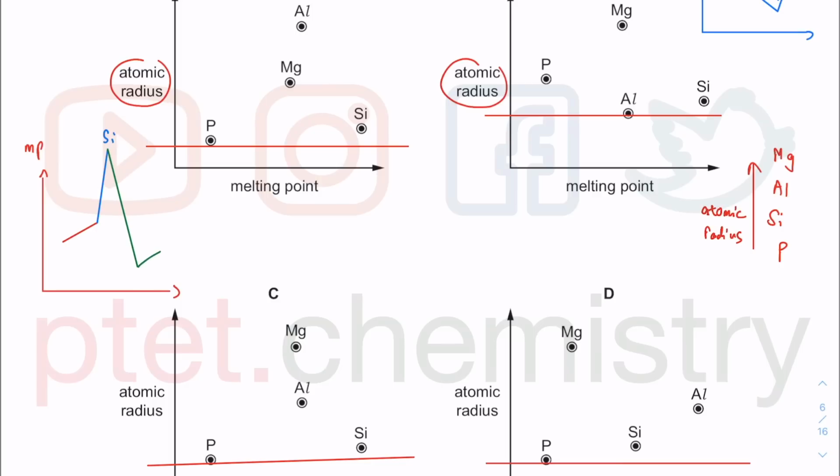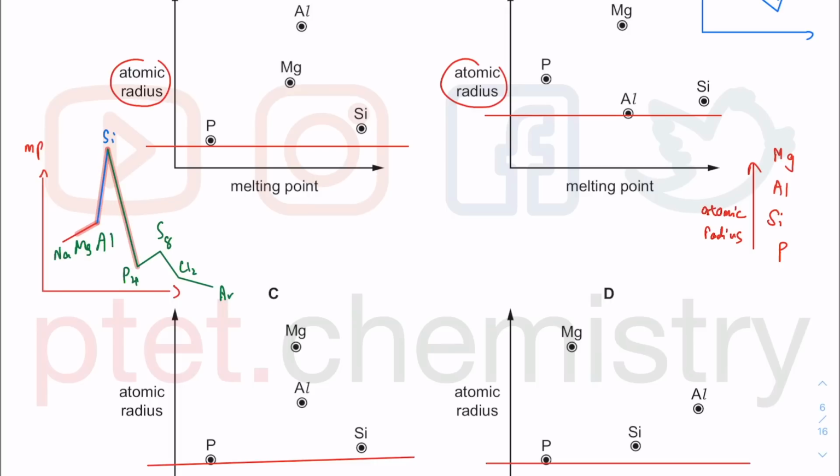And then S8 is about the same level as sodium, and then Cl2 is even lower, and then argon is even lower. So there's P4 as well as S8 molecule, and then sodium, magnesium, aluminium. So we're looking at magnesium, aluminium, we're looking at aluminium, silicon, and we're looking at silicon, phosphorus.